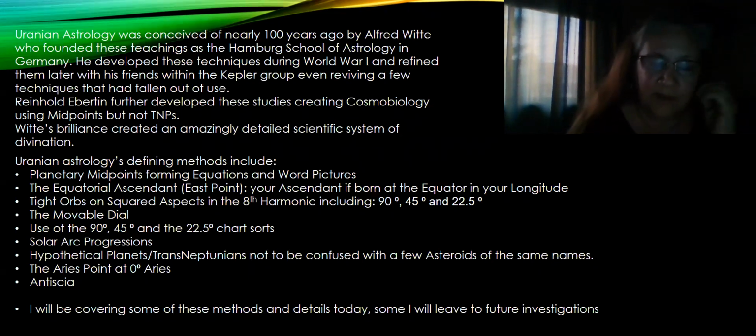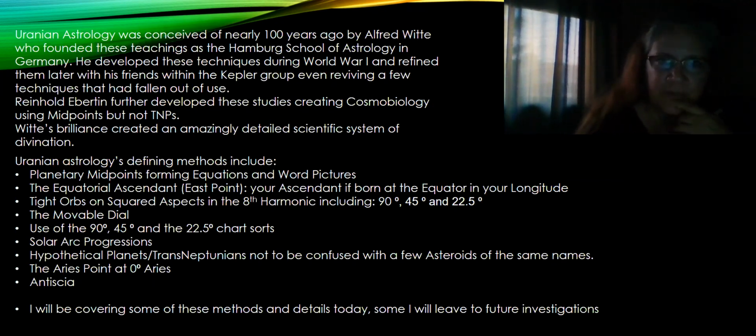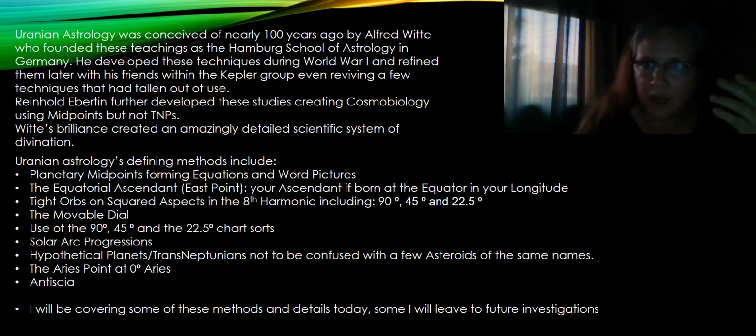The defining methods include using the planetary midpoints, which form mathematical equations, which define as word pictures. So just as we would say, you know, Venus on the ascendant infers beauty or a lovely demeanor, that is the type of word picture we would get out of these equations, if you will.